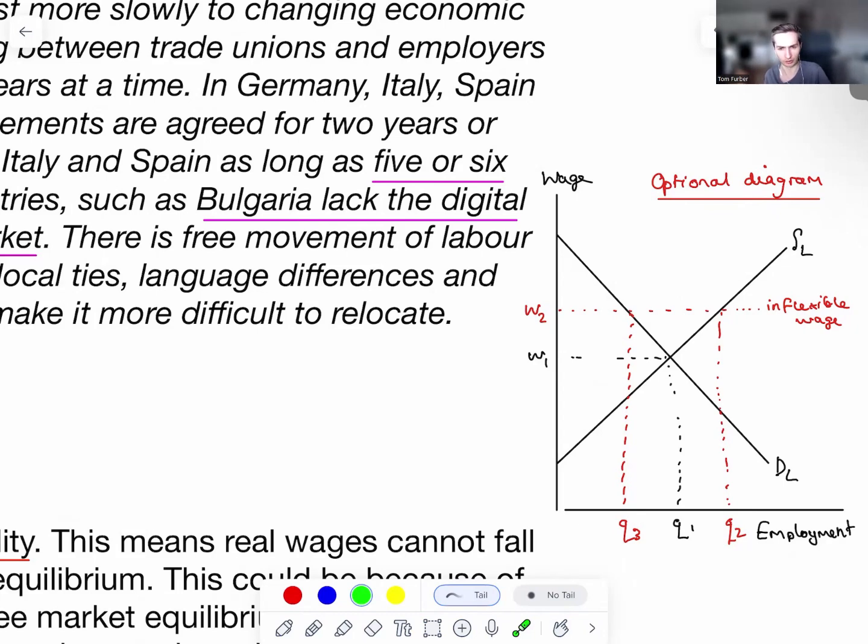If that market were in equilibrium, the wage would be W1 and the level of employment would be Q1. However, if the inflexible wage set by the trade union is set at W2, above the free market equilibrium, then we'd have demand for labour at Q3 and supply of labour at Q2. We'd have this amount of unemployment caused by the wage being above the free market equilibrium.